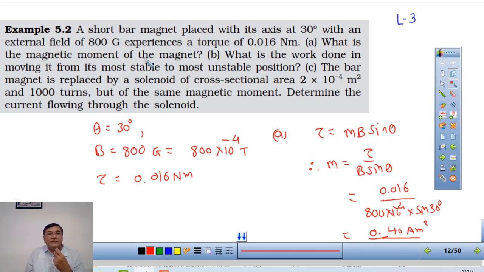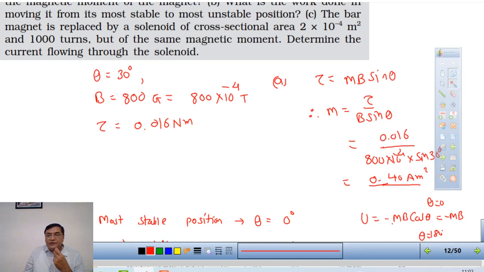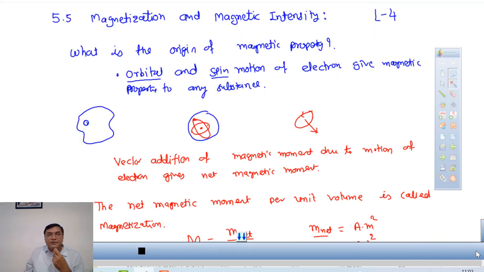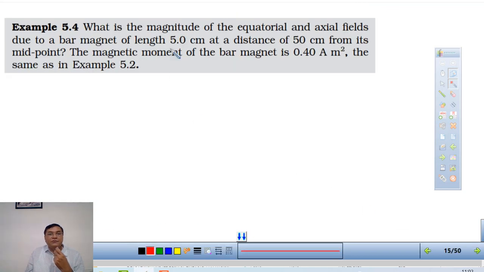What is the magnetic moment of the magnet? You are getting 0.4 ampere meter square.